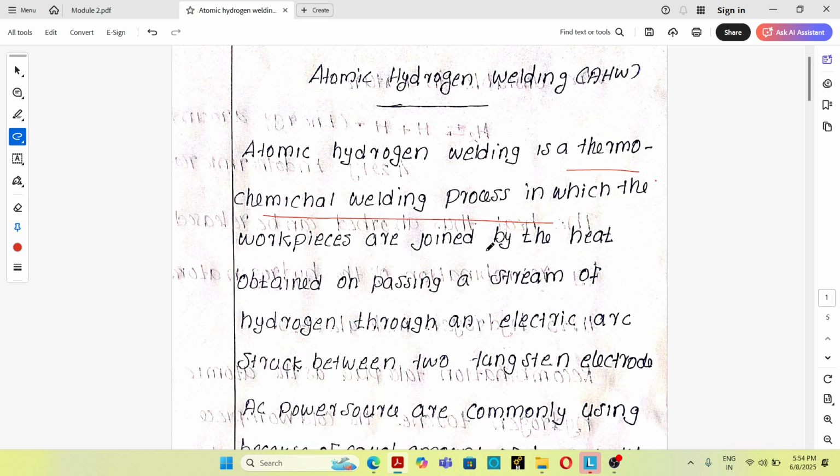When these hydrogen ions recombine to form hydrogen molecules, a large amount of heat is liberated, and the temperature produced will be approximately 4000 degrees Celsius. That temperature is used for melting the base metal to be joined. So that's the basic principle of the atomic hydrogen welding process.